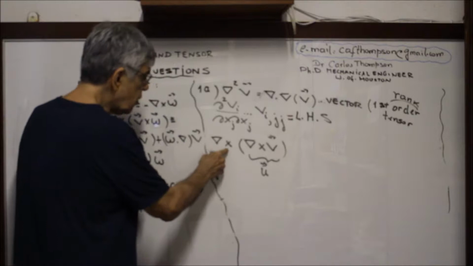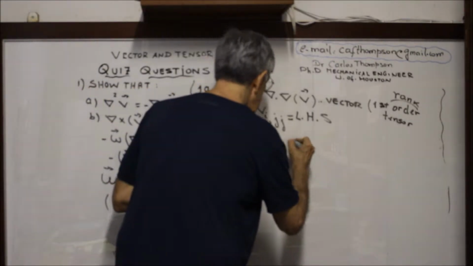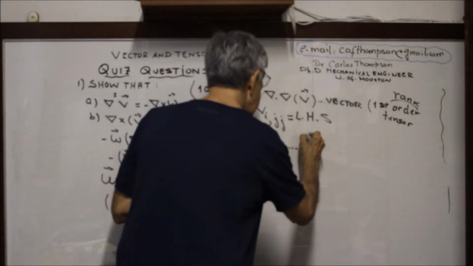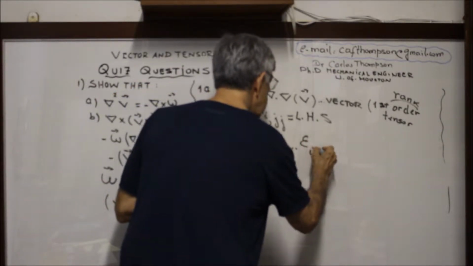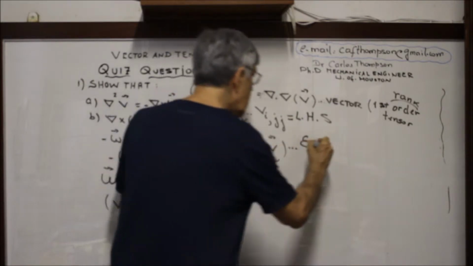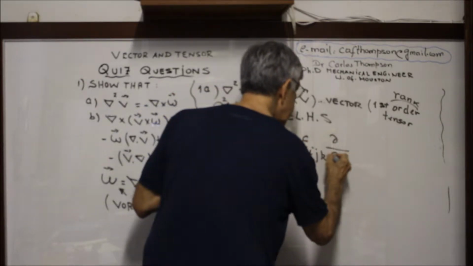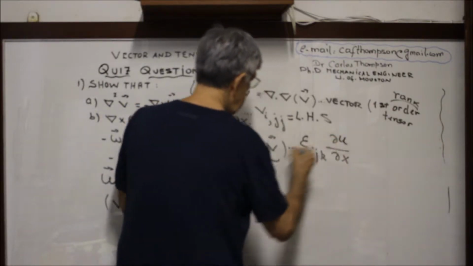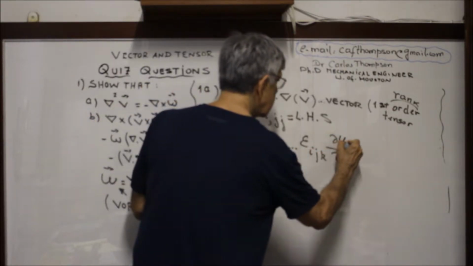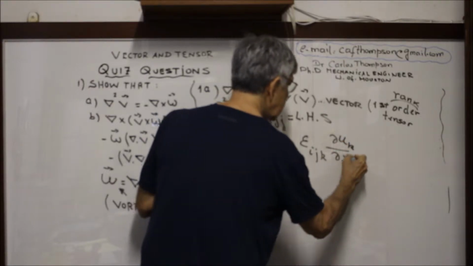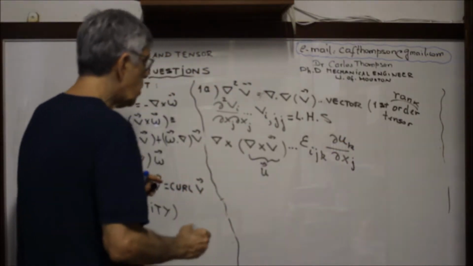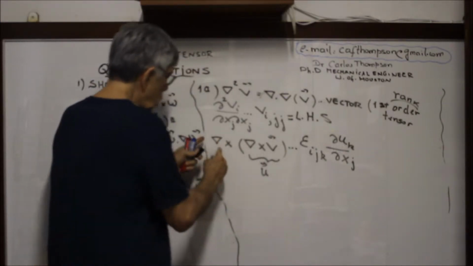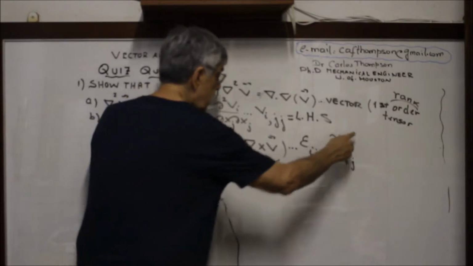So rotation of u, let's call rotation of u epsilon ijk. Now attention, partial derivative of x: this k comes here and j comes there. So this is the rotation of u.